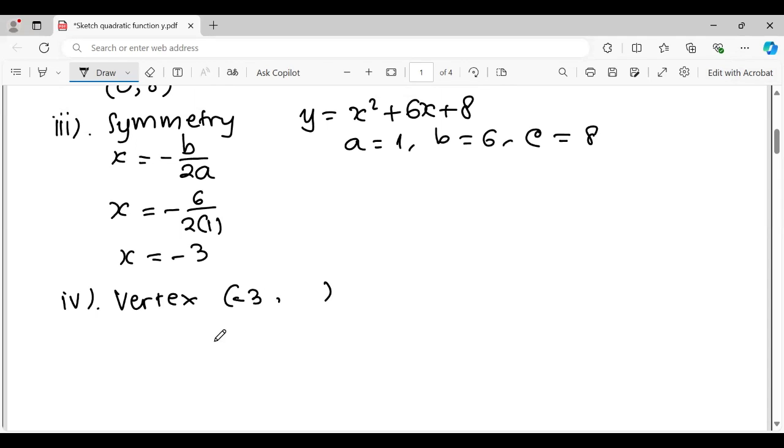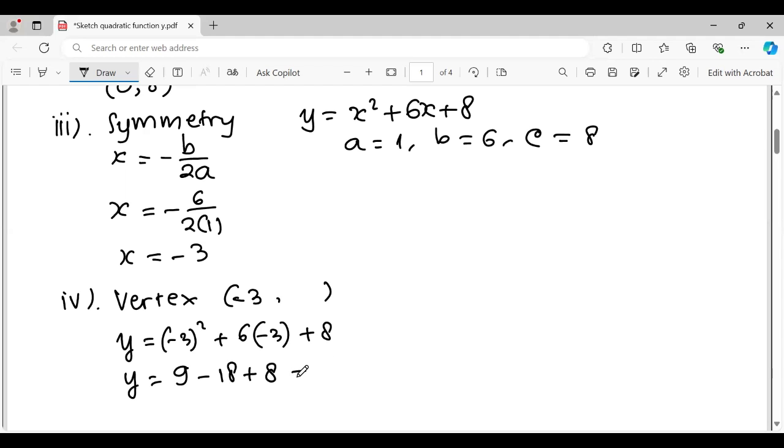So x, comma, y. How to find y? We use this function, substituting minus 3 into x: minus 3 squared plus 6 multiplied by minus 3 plus 8. So y equals 9 minus 18 plus 8, which equals minus 1. So the vertex is minus 3, comma, minus 1.